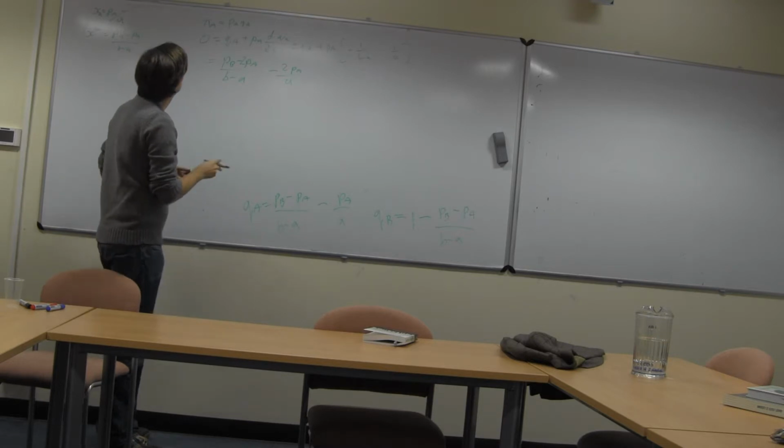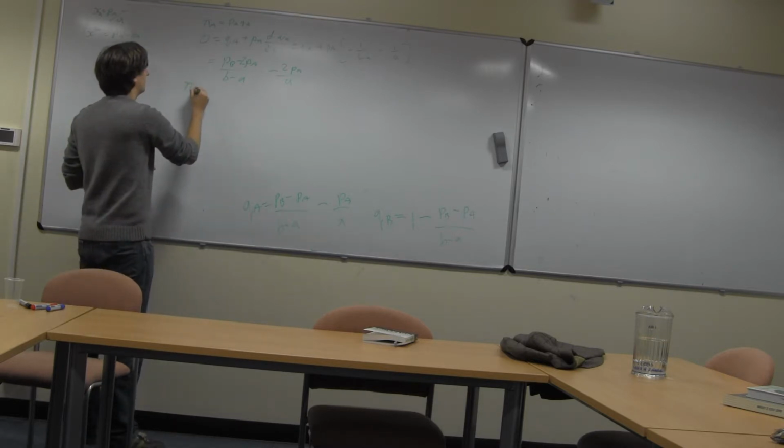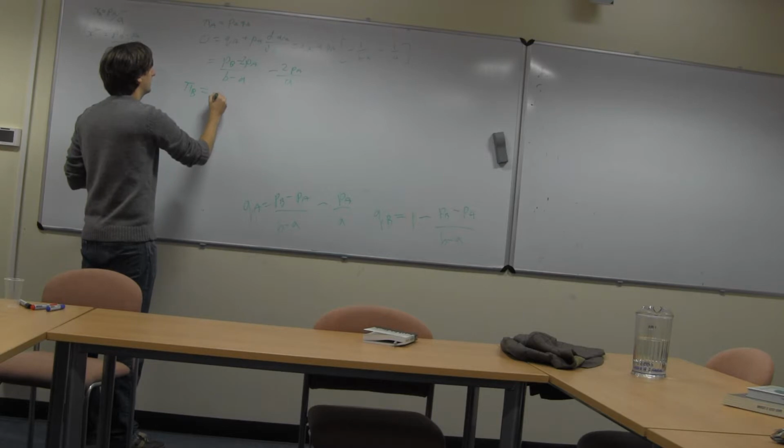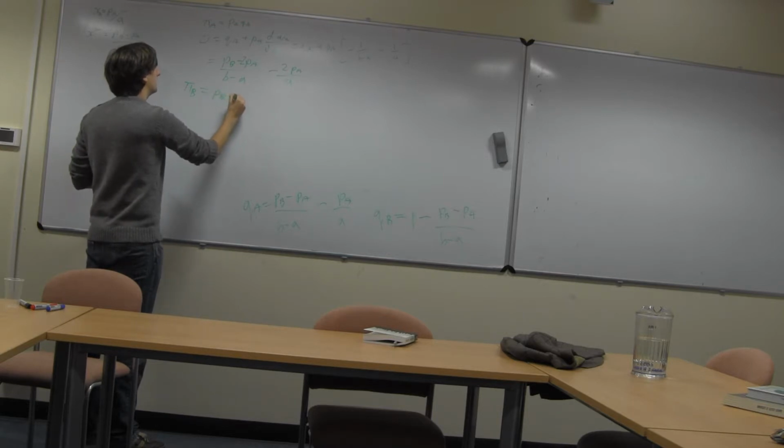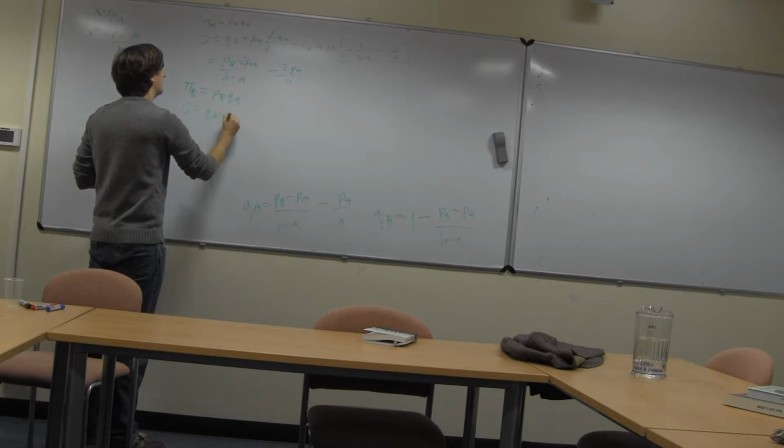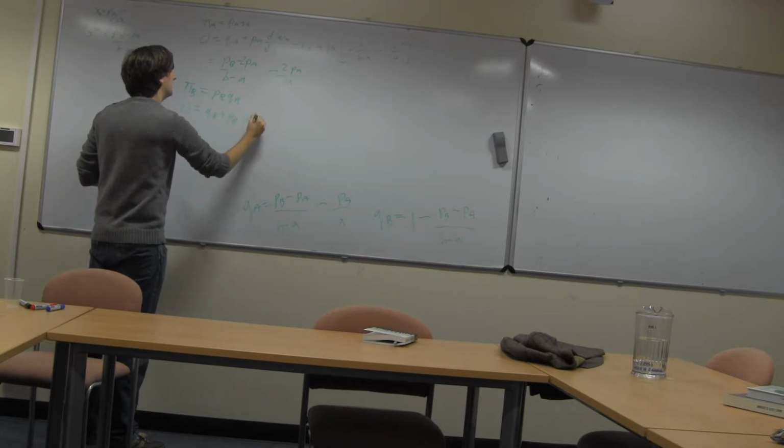So you can solve this for PA, and this gives the reaction function for the first firm. Let's do the same thing for firm B. Okay, so pi B is PB QB, so the first order condition is QB plus PB dQB/dPB.